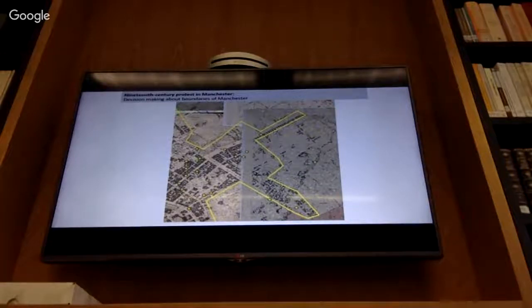Drawing on Katrina's expertise to say, well, where is Manchester? It seems a pleasingly simple question, but actually very difficult. And then you get a spatial morphological as well as a political or an administrative or a cultural kind of response.